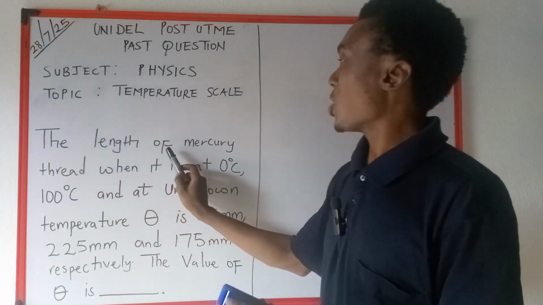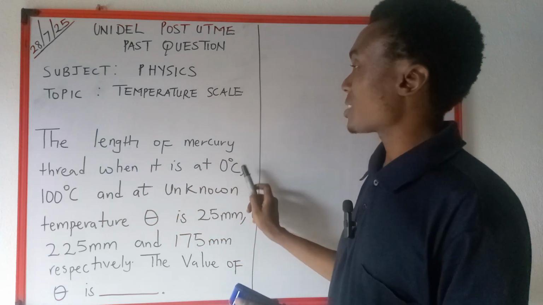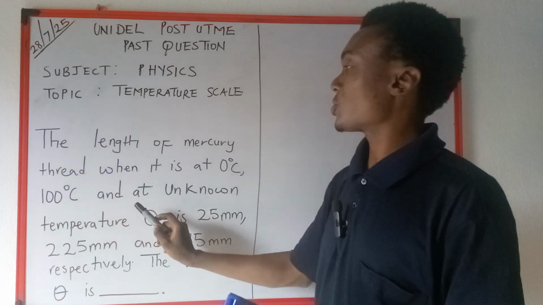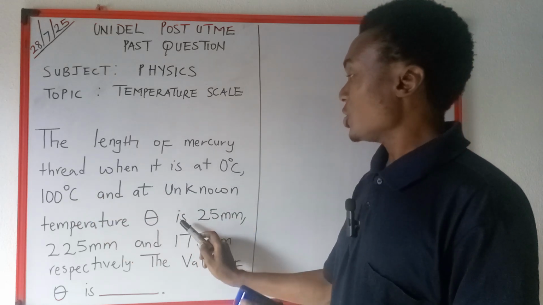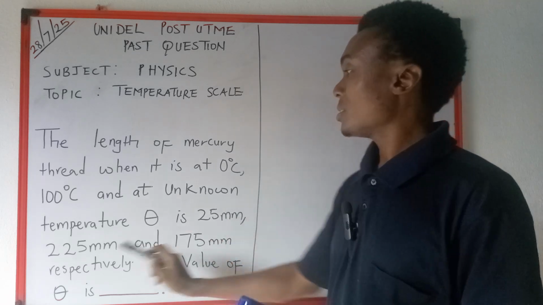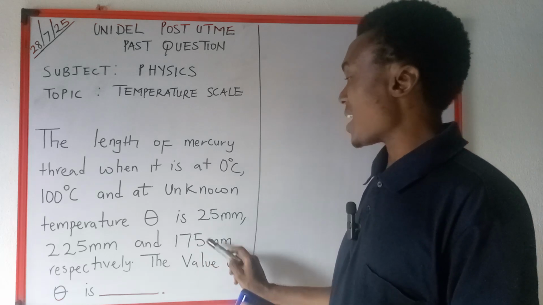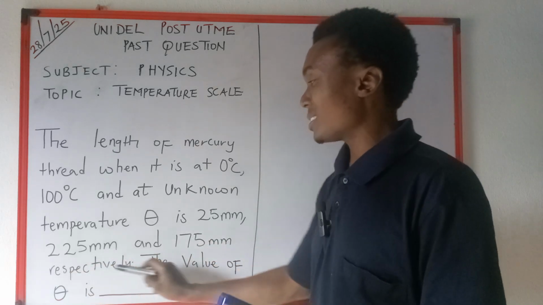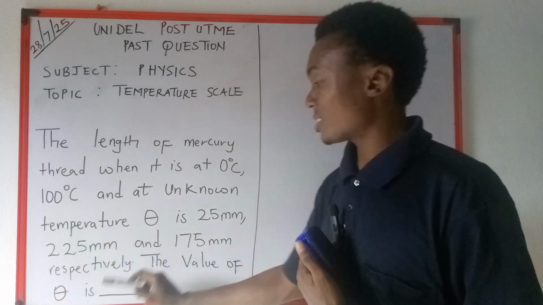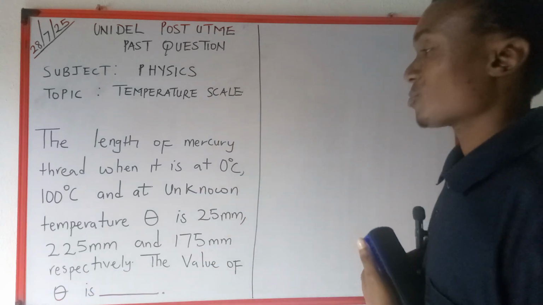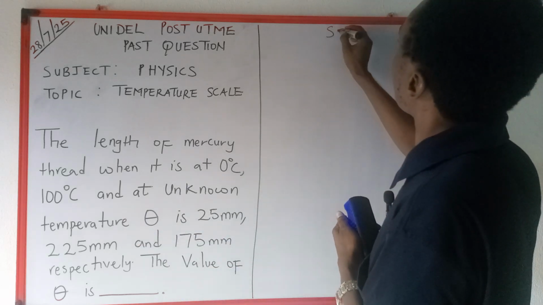The length of mercury thread when it is at 0 degrees Celsius, 100 degrees Celsius, and at unknown temperature theta is 25 mm, 225 mm, and 175 mm respectively. The value of theta is dash. We should find the value of theta. Solution.